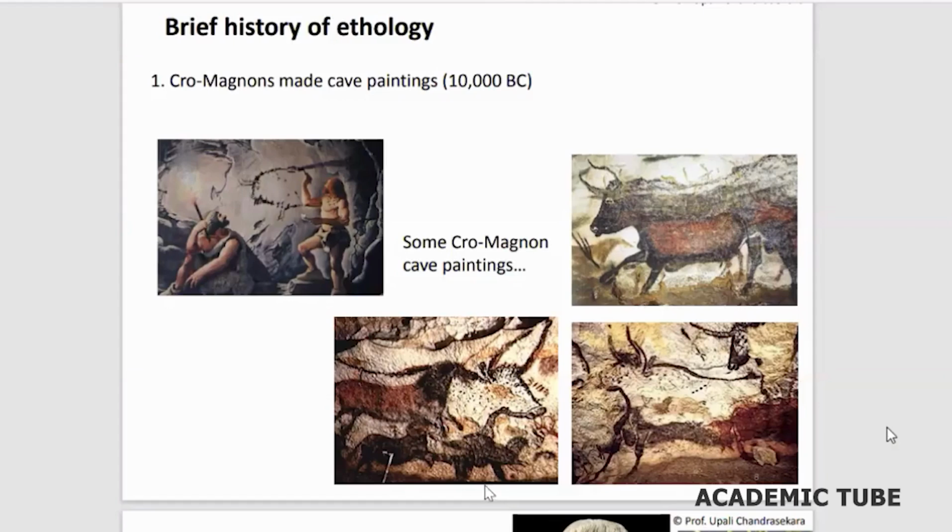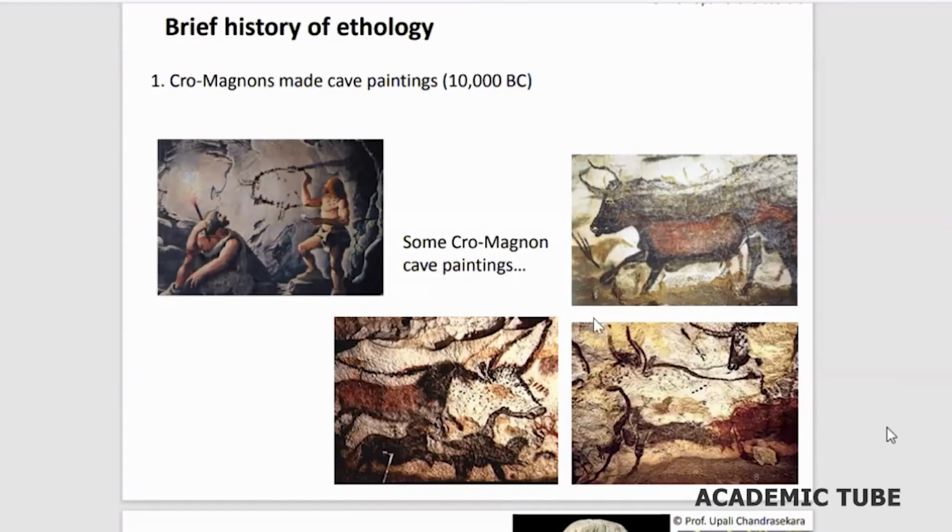Now I am showing you some of their paintings still preserved on those Cro-Magnon caves in France. I told you, I remember. Now the Cro-Magnon is a kind of a rural area in France. Right. Now these are some of their paintings. You see a buffalo. Can you identify them?